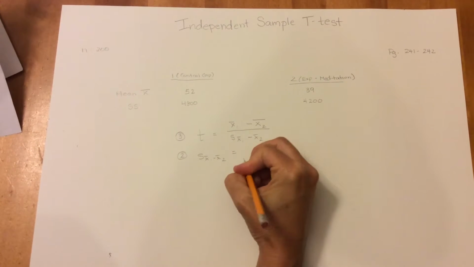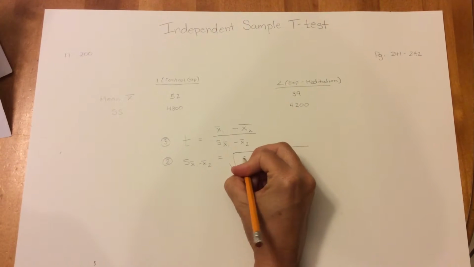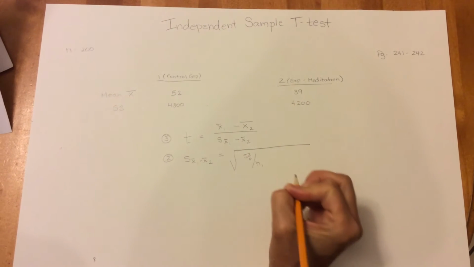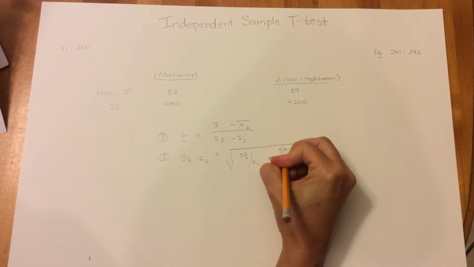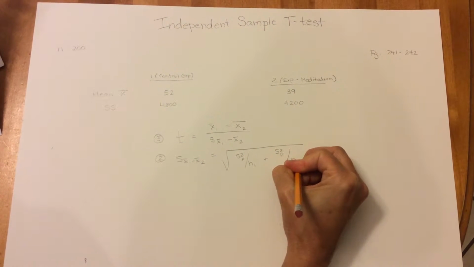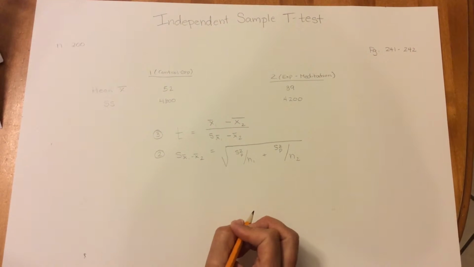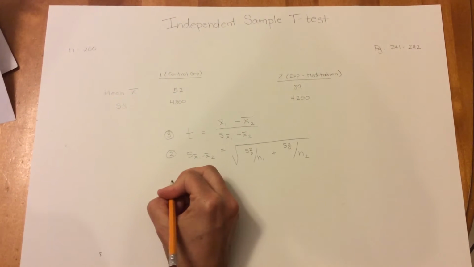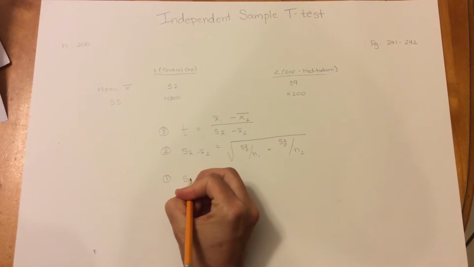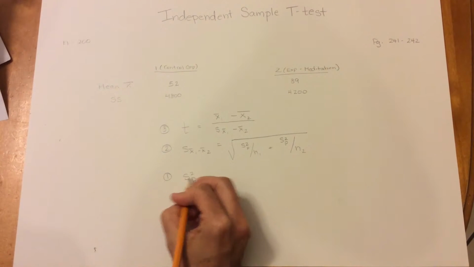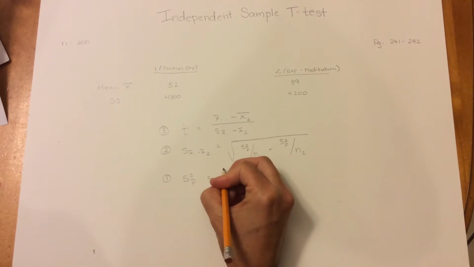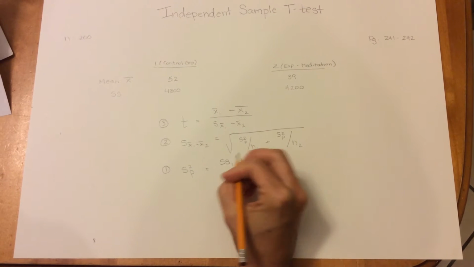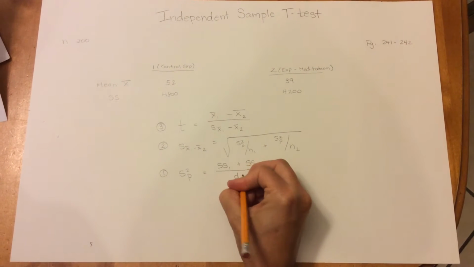And this expression is going to be the square root of the pooled variance over the sample size of the first group plus the pooled variance over the sample size of the second group. And again, you might say, well, I don't know what that pooled variance is. You're right, because we actually have to do the pooled variance before we do anything else. To figure out the pooled variance, it's fairly simple. It's the sum of squares of the first group plus the sum of squares of the second group over the degrees of freedom.